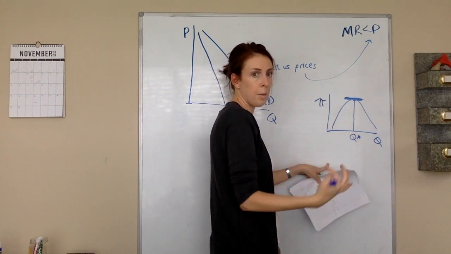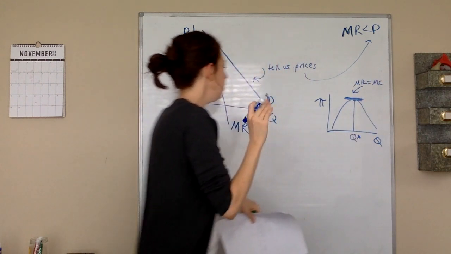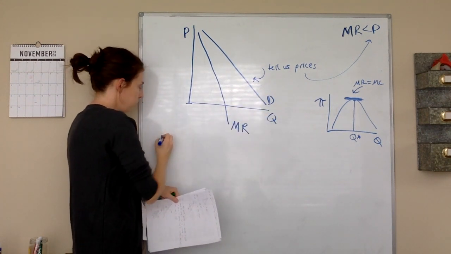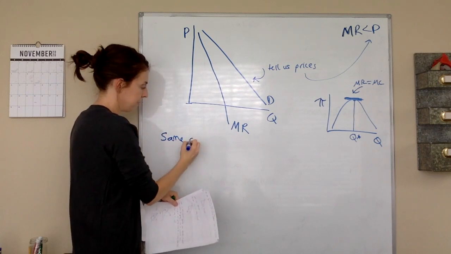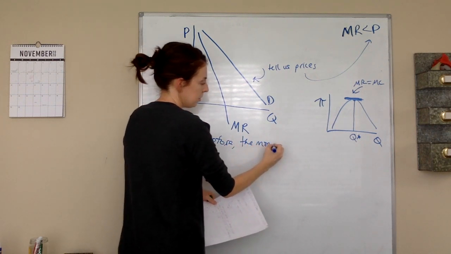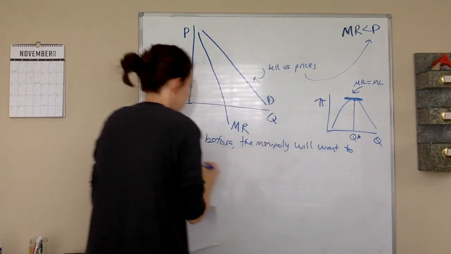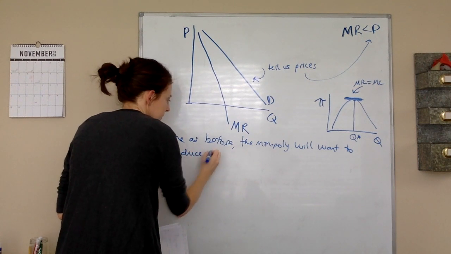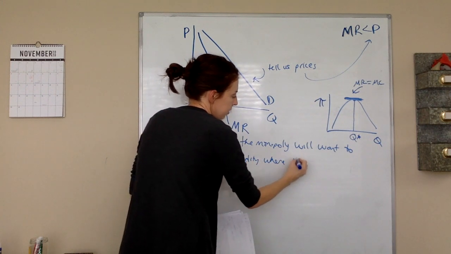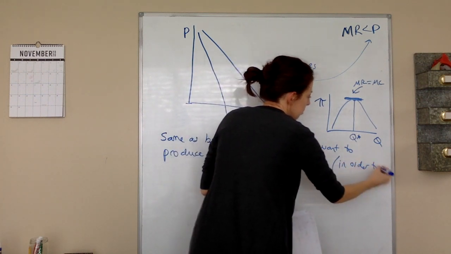What characterizes this is that marginal revenue is equal to marginal cost. Because the calculus is fixed, what's true for a monopoly is that, same as before, the monopolist will want to produce the quantity where marginal revenue equals marginal cost, in order to maximize their profit.